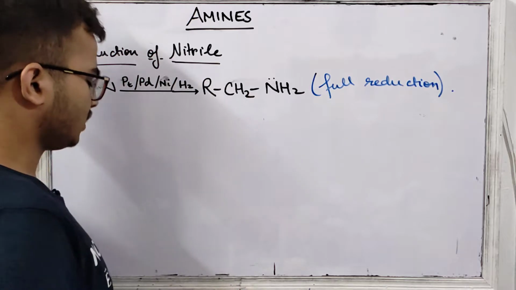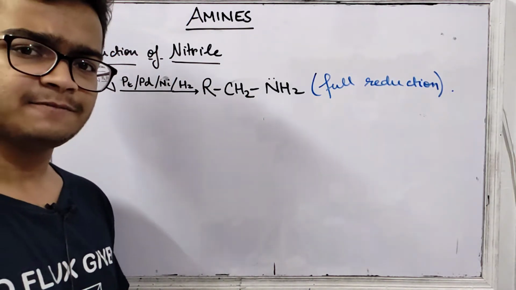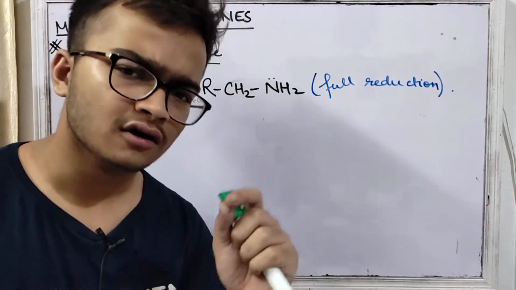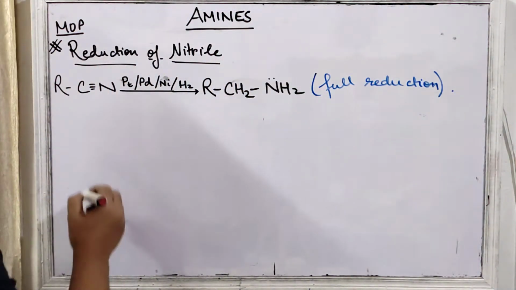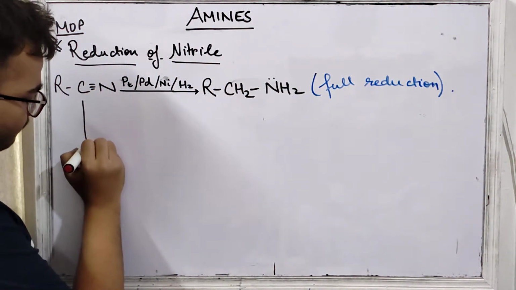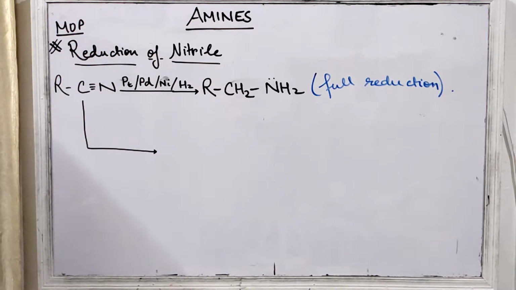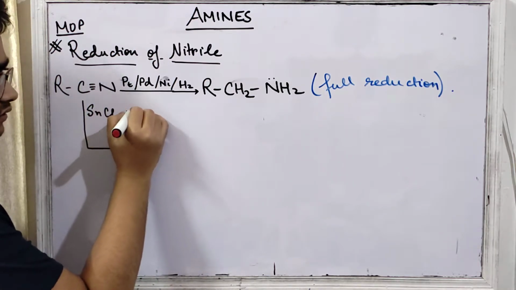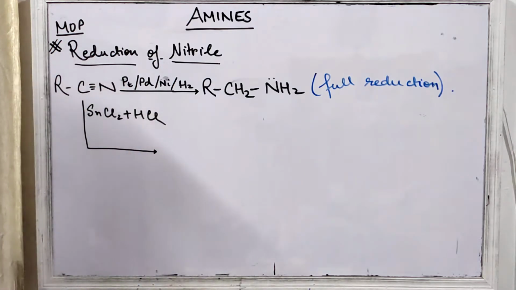Now if you want to perform it stepwise, then the thing which we do is called the Stephen reaction, which we already studied in the aldehyde ketone chapter. So what happens here is, if you take the Stephen reagent, which is SnCl2 plus HCl, what will happen here is aldehyde will be formed.